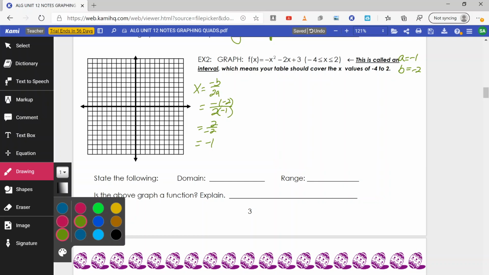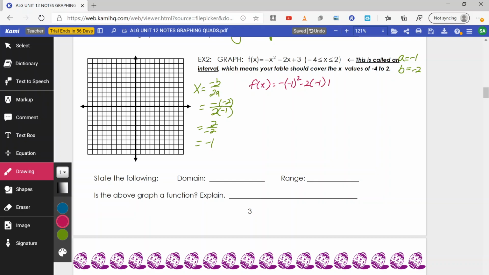Now I want to find the y value by plugging in -1. So we end up with f of x equals negative the value of -1 squared, minus 2 times -1, plus 3.